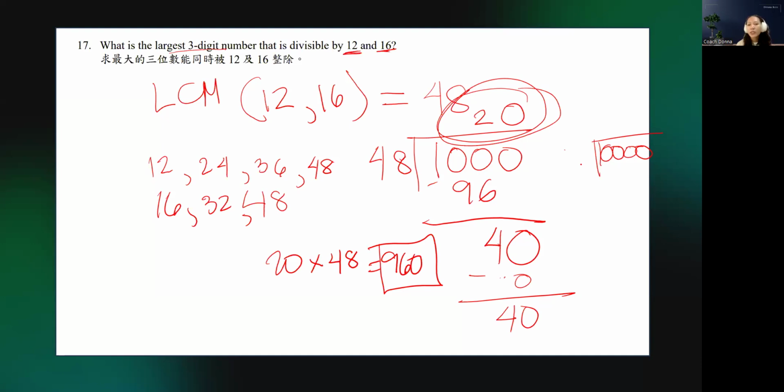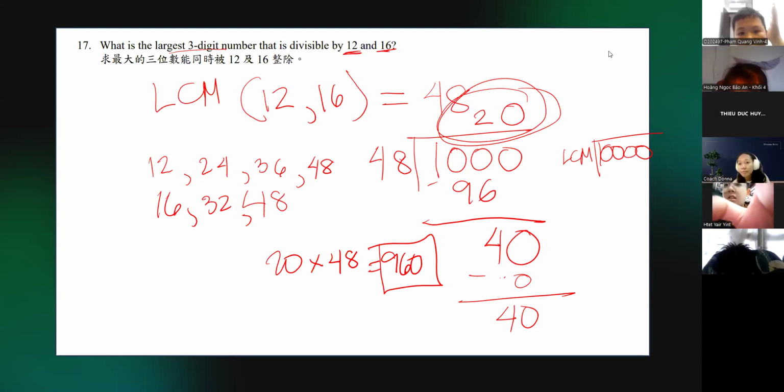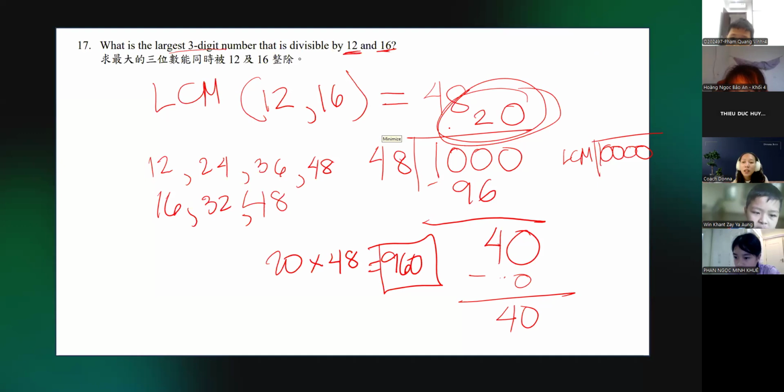Yes, questions? Please unmute if you do. Question: can you divide both of the numbers by prime numbers? Okay, can you please say that again, Win? Can you divide the numbers by prime numbers, then if there are two prime numbers that are the same, you only choose one, and the other things go.